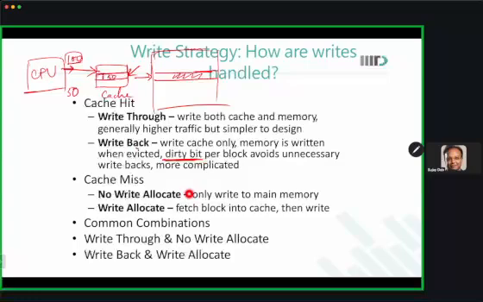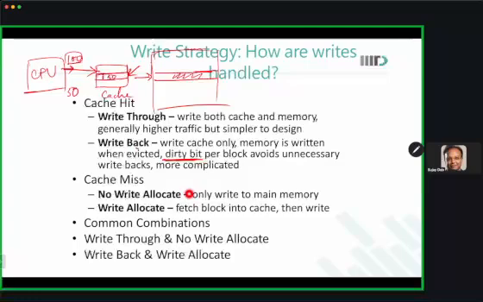So we don't want these intermediate updates to be reflected in main memory. That's why we can avoid those intermediate updates using the write back strategy. And finally, when we need to update, we do this update once, when the block needs to be replaced. So this is write back.